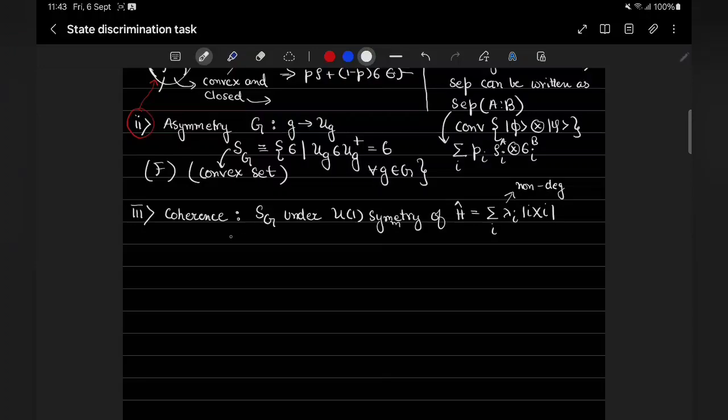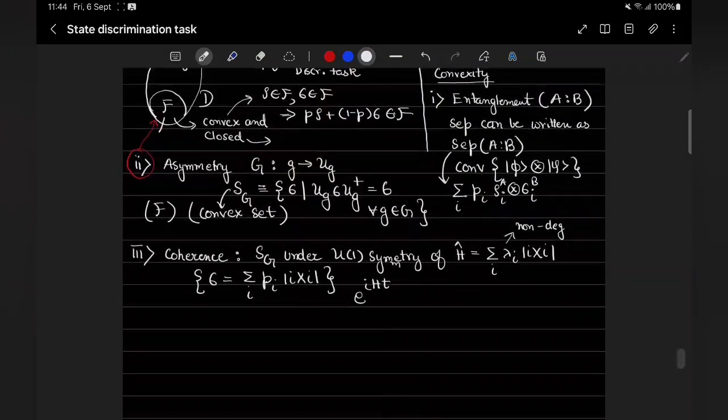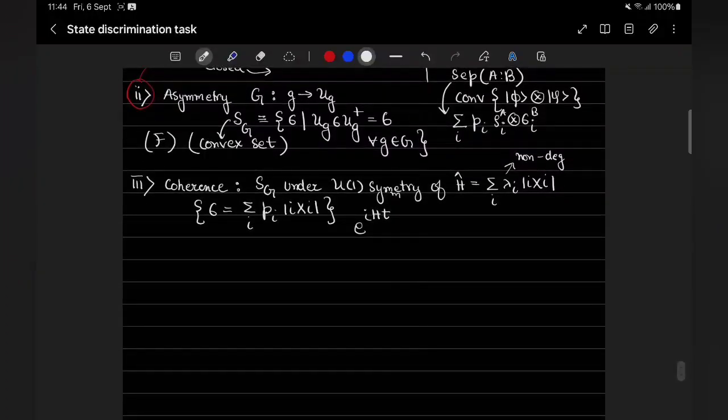The main idea is now states of the form sigma equal to summation over i of pi_i |i><i|. So basically diagonal in the basis of this non-degenerate Hamiltonian, they will be symmetric under e to the power iHt. These kinds of states are called incoherent states, and they are also a convex set.